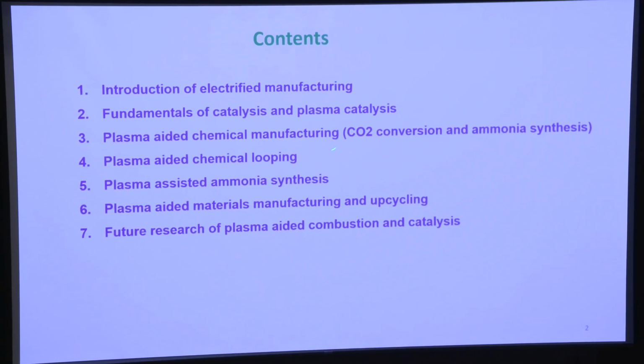Then we talk about manufacturing, CO2 conversion, CO2 reduction into chemicals, and ammonia synthesis. Then we talk about plasma-assisted chemical looping and ammonia synthesis, and then materials manufacturing and upcycling with plasma and materials, and then future research.